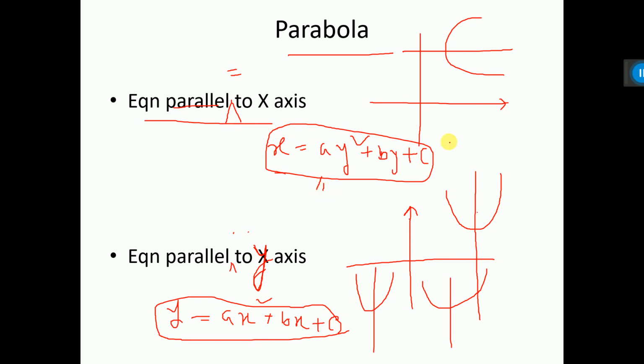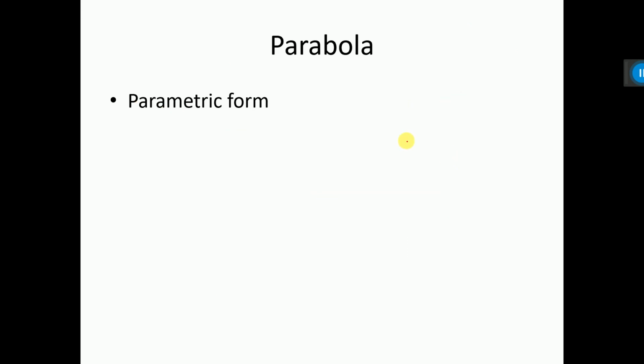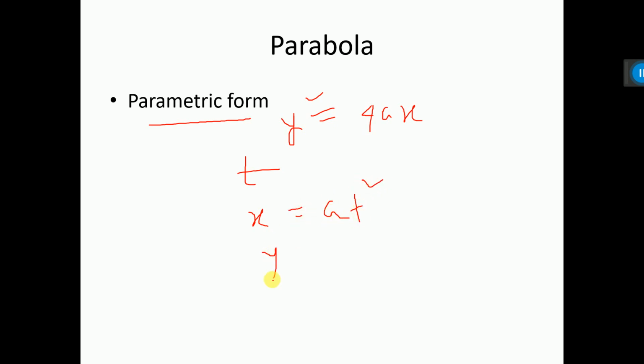Then the parametric form of the parabola. We know y square equal to 4ax. This is the equation of the parabola. But if a parameter is there, let's say t is a parameter, then x equal to at square and y is equal to 2at.